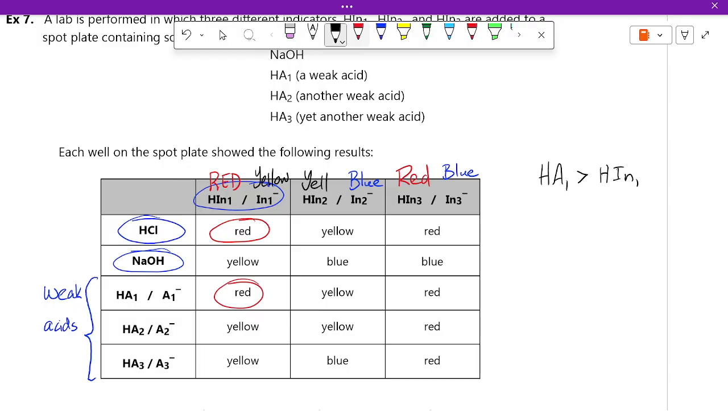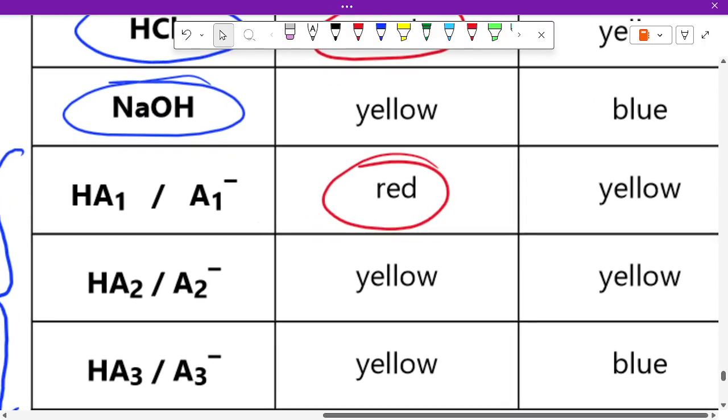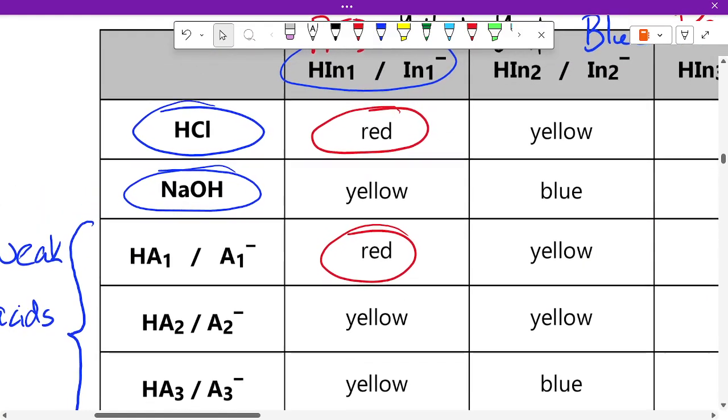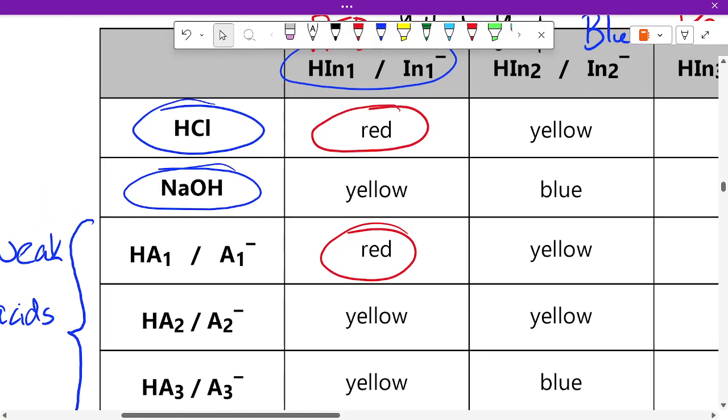How about HA2? Is HA2 stronger or weaker than indicator 1? Is our second acid stronger or weaker than indicator 1? It's weaker, and HA3 is also weaker.